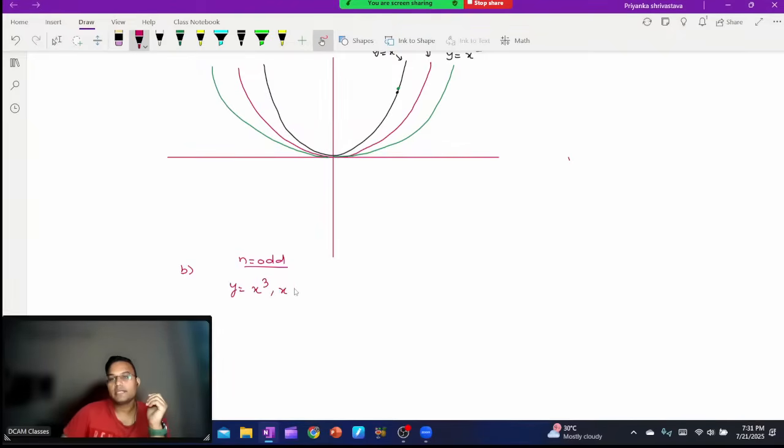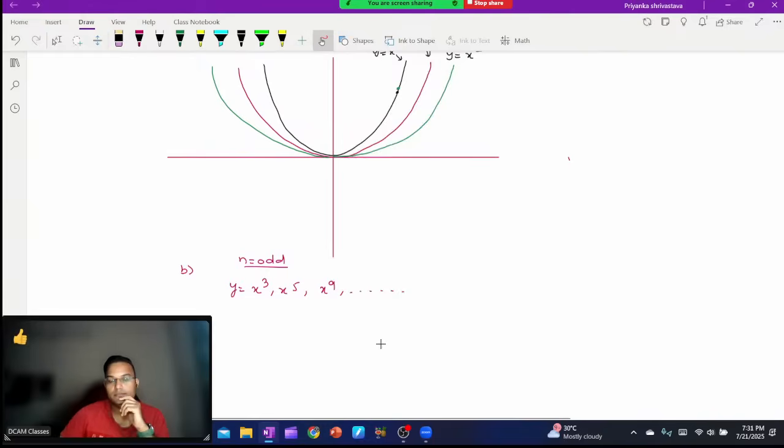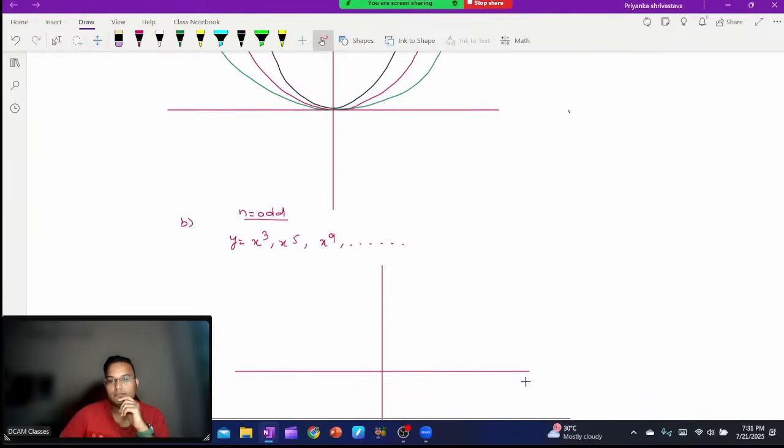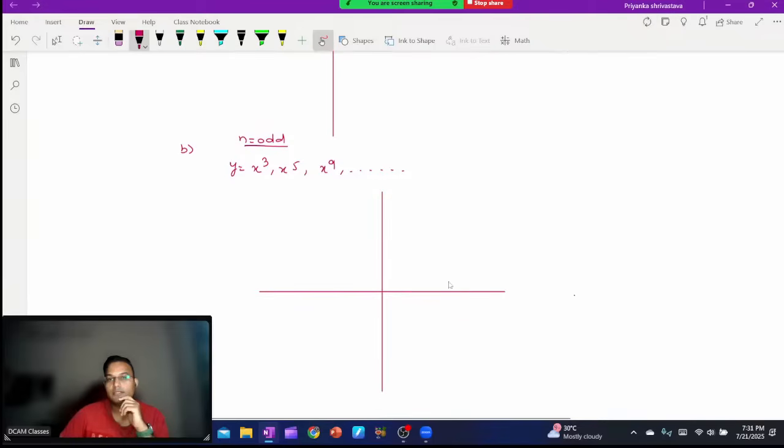X cube, x power 5, x power 9, those kinds of things. Now, in the same way, just try to draw the graph.